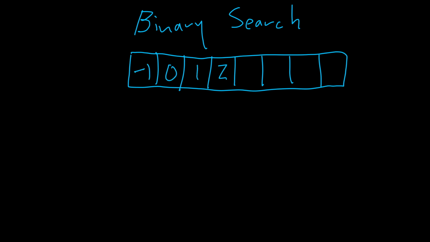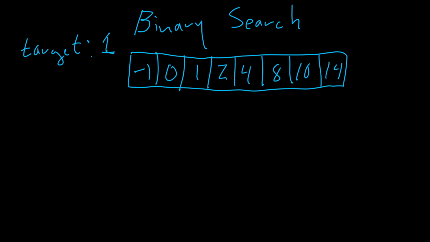So I'm just going to throw in some numbers. 10, 14. Well, I said 14, but it looked like a 9. There we go. And let's say in this case I have a target. What do I want to find? How about 1?